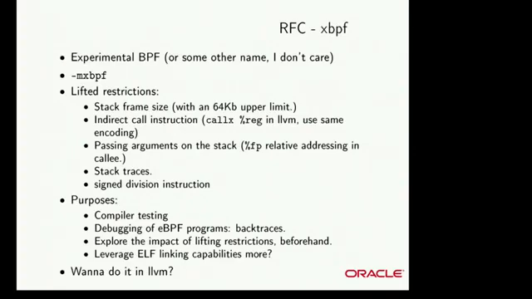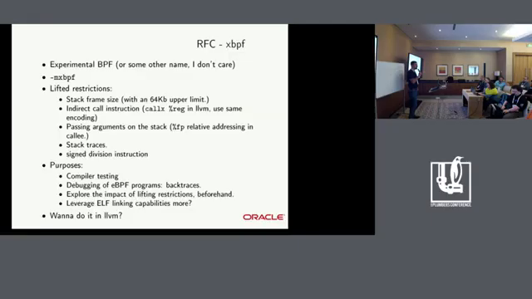Also, I think it will be interesting to have a sandbox, so you could experiment with lifting some of the restrictions in the future, maybe along with working on the kernel verifier. And I am very interested in this last point: to explore leveraging ELF more. For example, in the GNU toolchain now, LD knows about BPF.